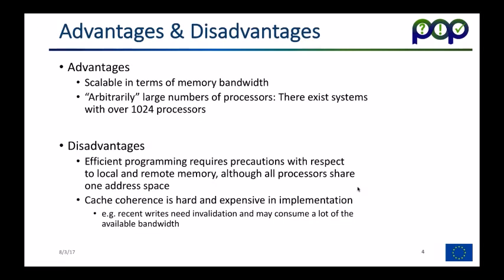So why are systems built this way? As I said, all current systems are NUMA systems, and as soon as you look at a two-socket or more socket system, you will find these NUMA properties. The advantage of such a system is that the memory bandwidth scales with the additional sockets. If you had just one memory controller for multiple processors, this would always be a bottleneck.